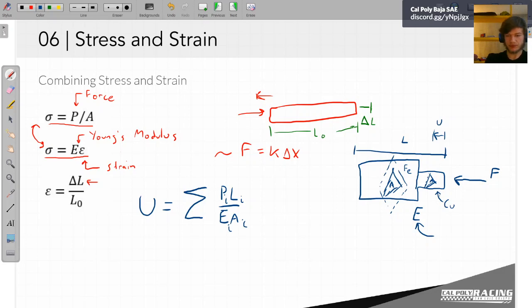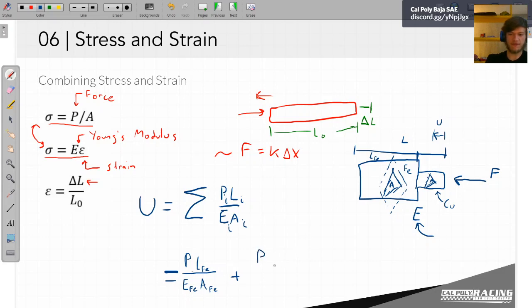Cu could be copper. Now, iron and copper each have their own Young's modulus. They each have their own material properties. So we would rewrite this, not in general, but for this specific case, we could say this is P times L_Fe, the length of the iron portion, over E_Fe times the area of the iron portion, A_Fe, plus the same thing.